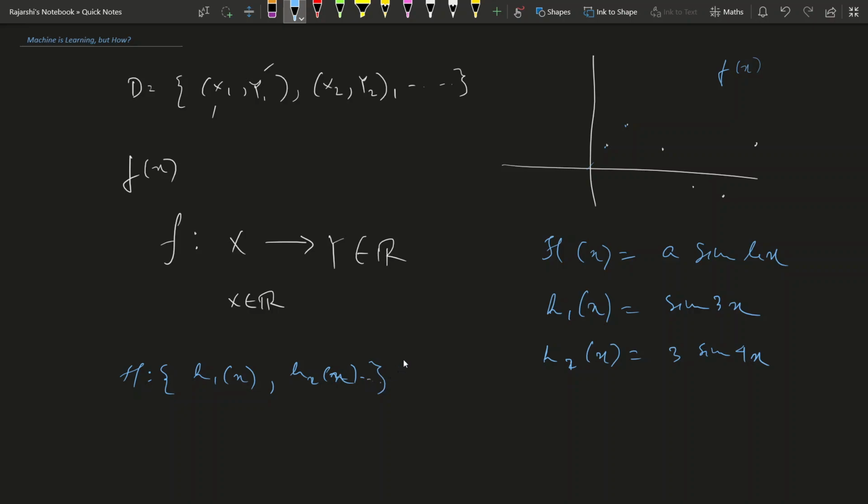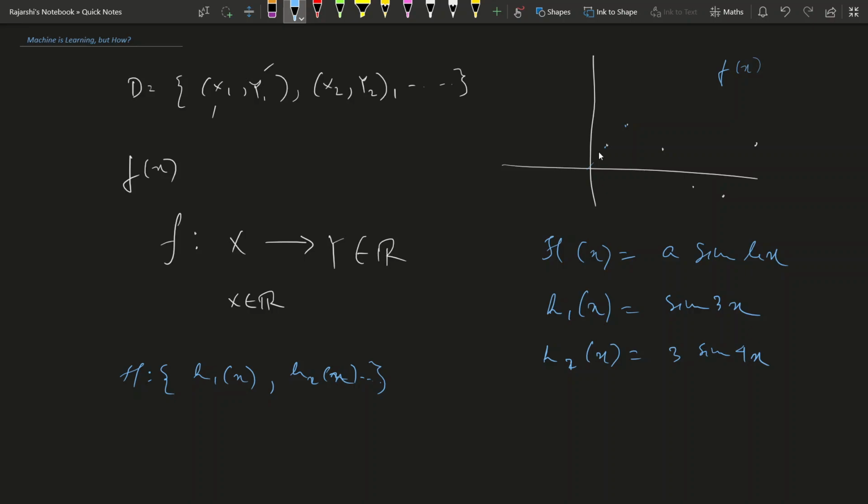Now from this hypothesis set, you have to pick the one sine curve that represents this entire data set, or that approximates f of x well. That is the approximation, like linear regression, the curve fitting problem. You have your data and you have the hypothesis set. From the hypothesis set, you pick one such that it approximates f of x well.